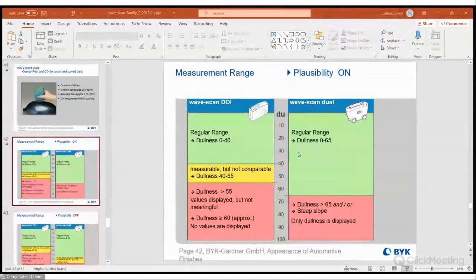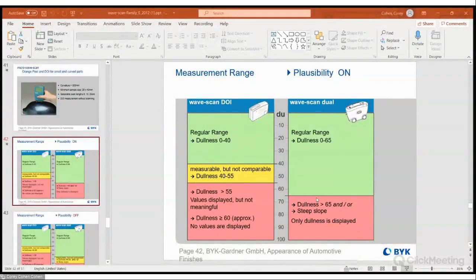The Wavescan dual models, however, the optimal range for them goes up to 65 dullness. So you can measure into higher dullness ranges, which means lower gloss ranges. Of course, that's going to correlate. And then you have this yellow area where it's not optimal.